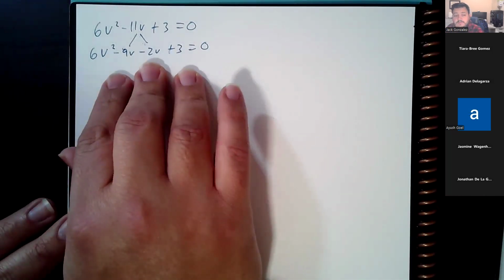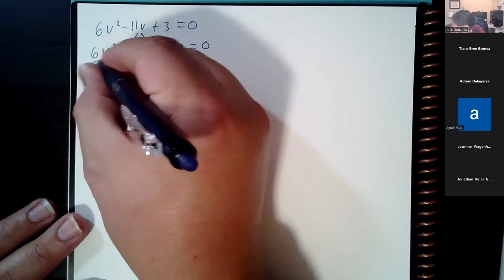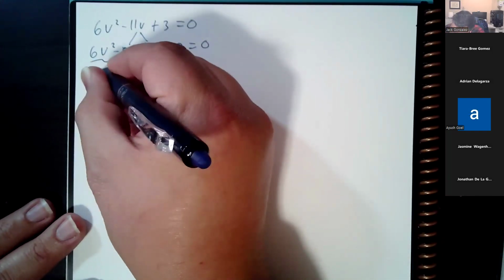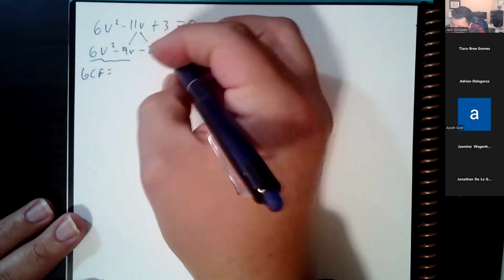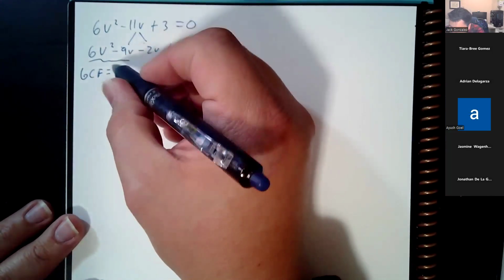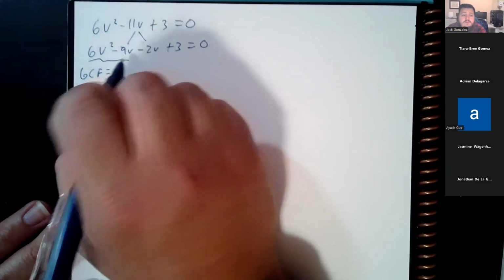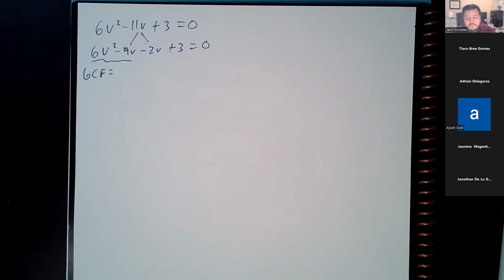Once you have the four terms set up, you can do grouping. So basically, you say GCF of each one. So what's the GCF of these first two terms? What does 6v squared minus 9v have in common?